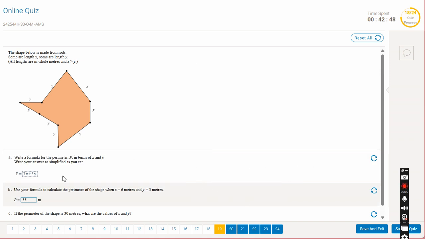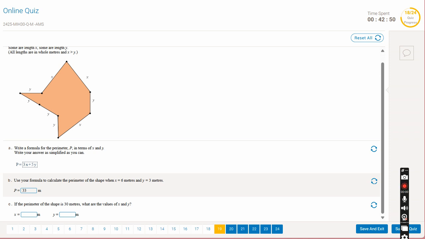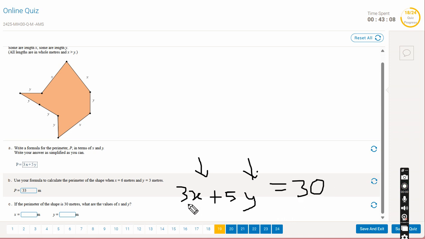In the next one, a lot of the students that I tutor were struggling with this. So how I explained it to them is that 3x plus 5y, right? That is our equation, and they're asking us to find what x is and what y is. That gives you 30. Now keep in mind that you're multiplying.